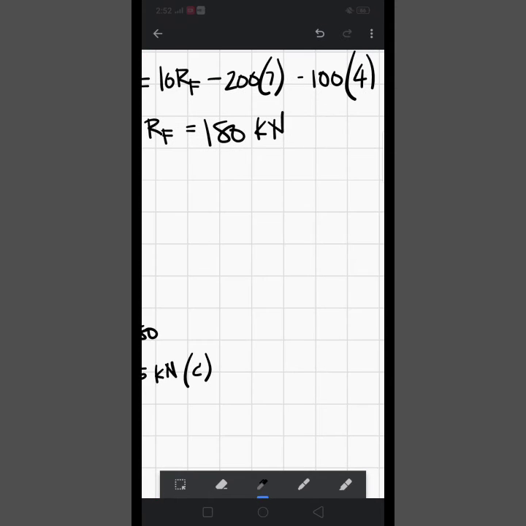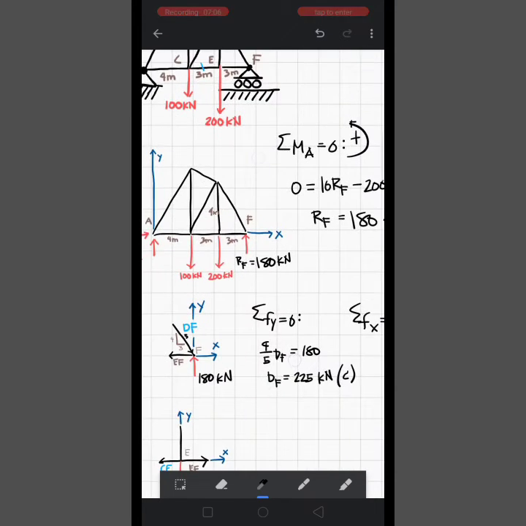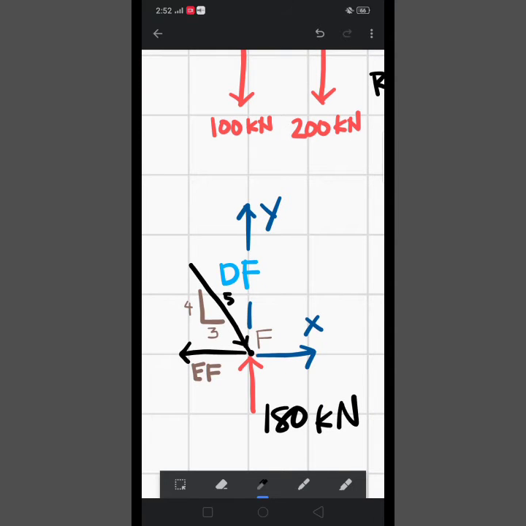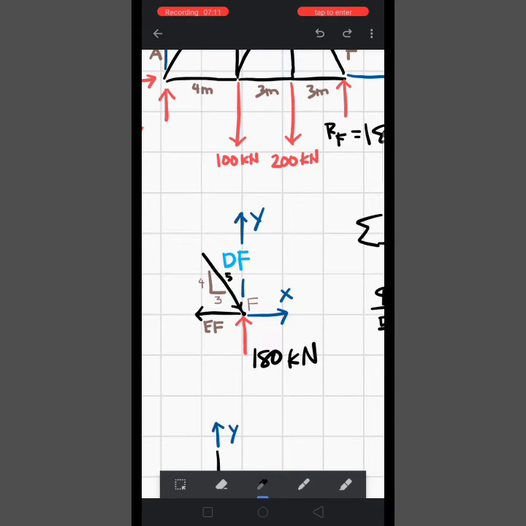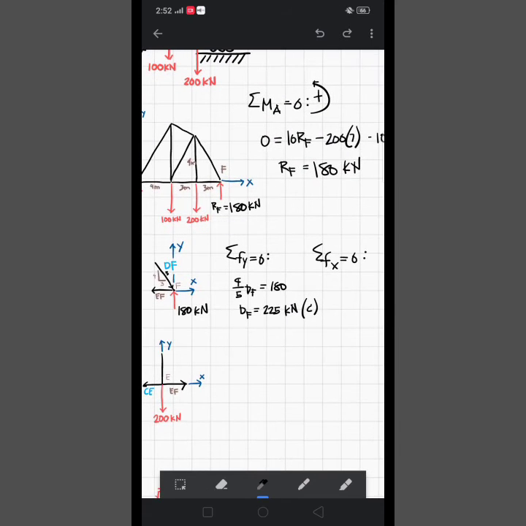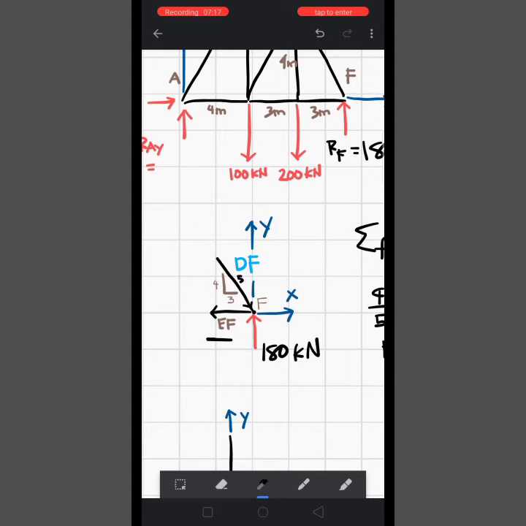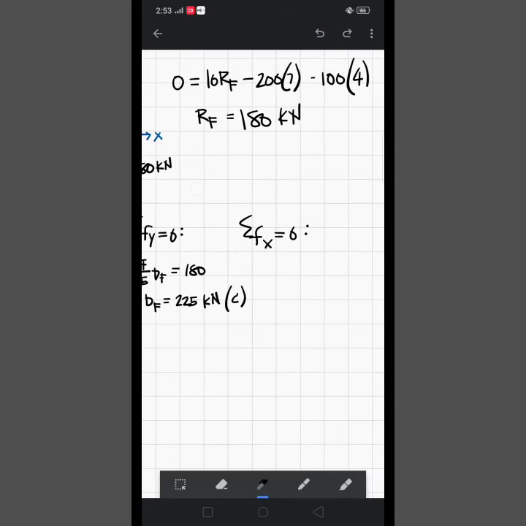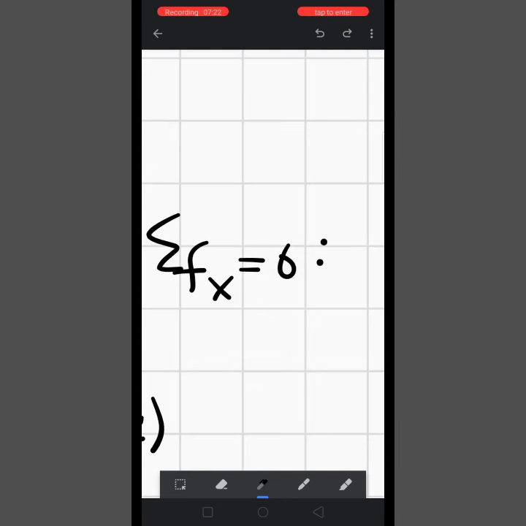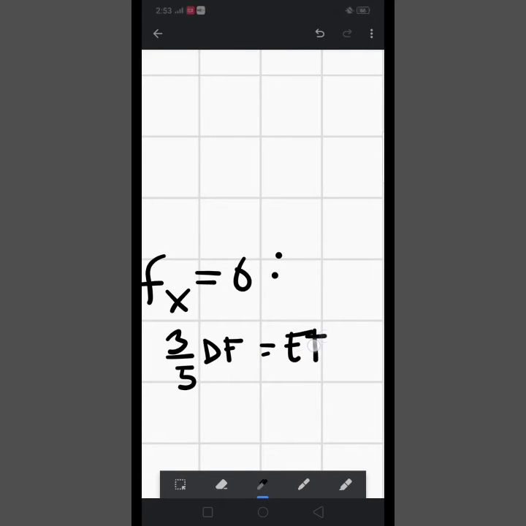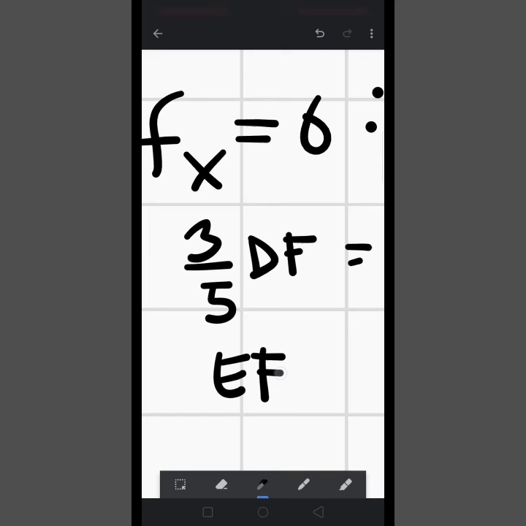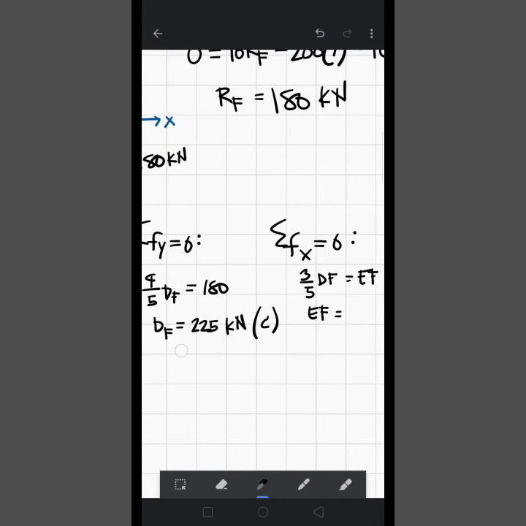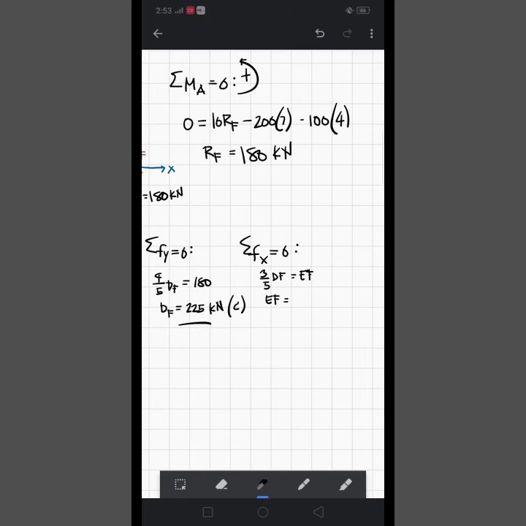And if we sum all the forces in the x direction, the horizontal component of DF should be equal to EF. EF is in tension. So 3/5 of DF is equal to EF. Therefore, EF is equal to, we know that DF is 225 kilonewtons.